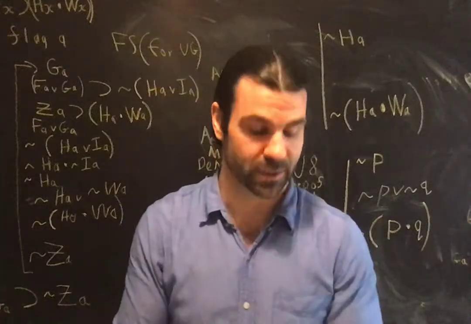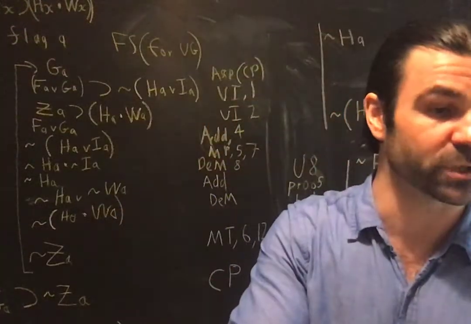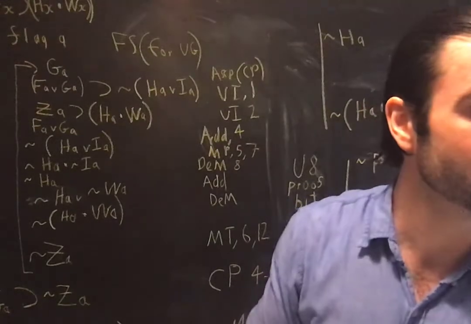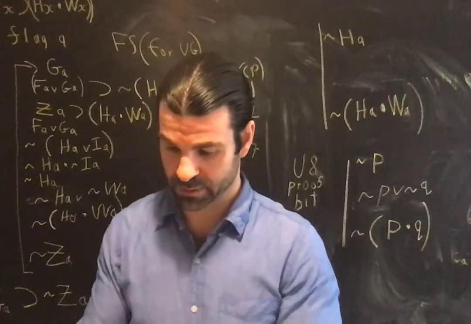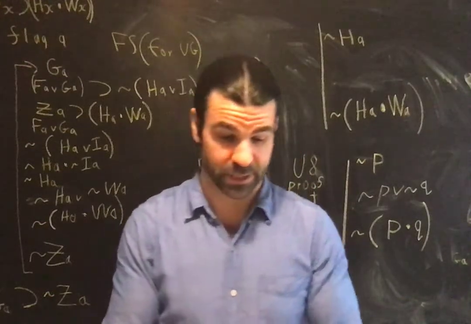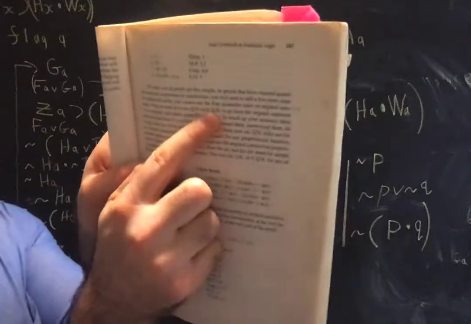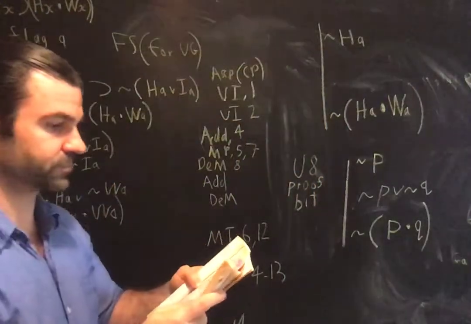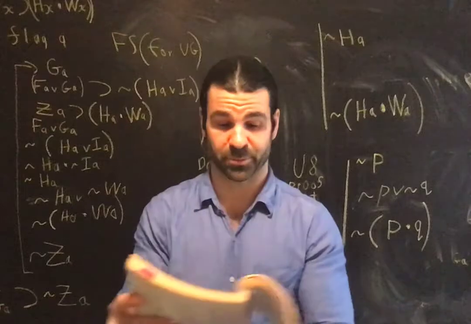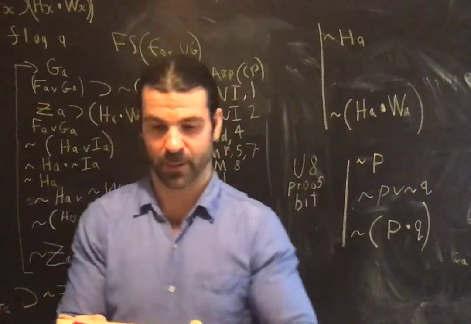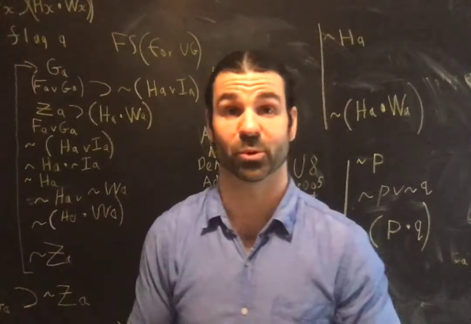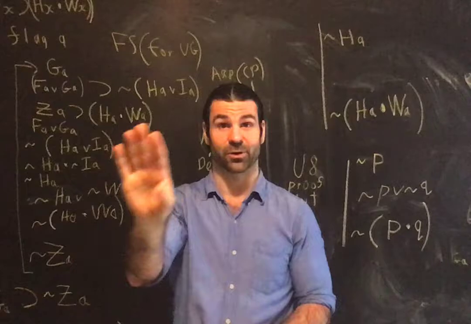Read the rest of that, and she gives a few more examples of the same thing. Page 287, another stress again. I'm going to read from 287. Not all proofs are as simple as this one she just did. This is stressing how important it is to grasp that negations are not in quantifier form.